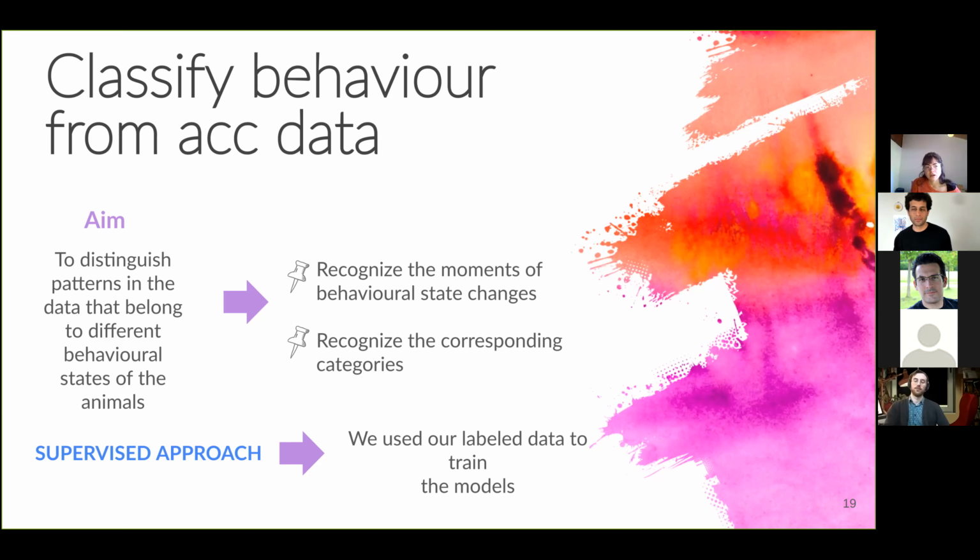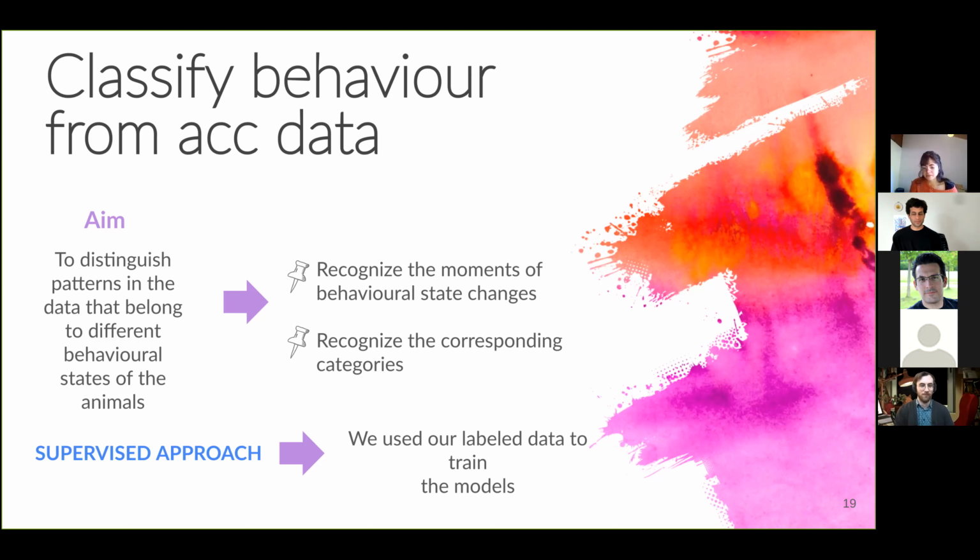From a statistical point of view, the aim is to distinguish patterns in the data that belong to different behavioral states of the animals. So we want to recognize the moments of behavioral state changes, and we want to recognize the corresponding categories.